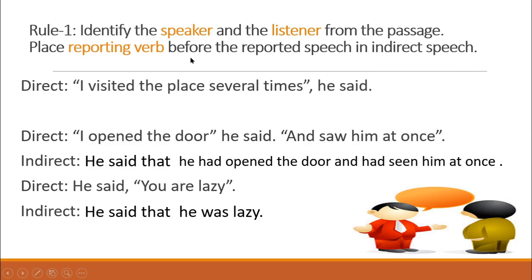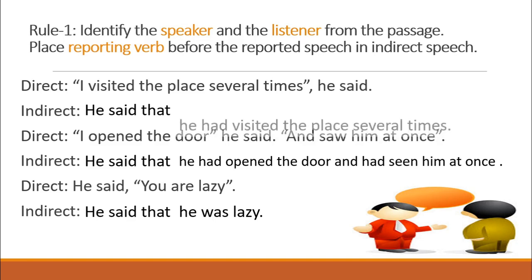In example number 3, we have "I visited the place several times," he said. So here we have the speaker and the reporting verb at the end of the sentence. To make it indirect, we have to write down the subject or the speaker and the reporting verb at the very beginning of the sentence.